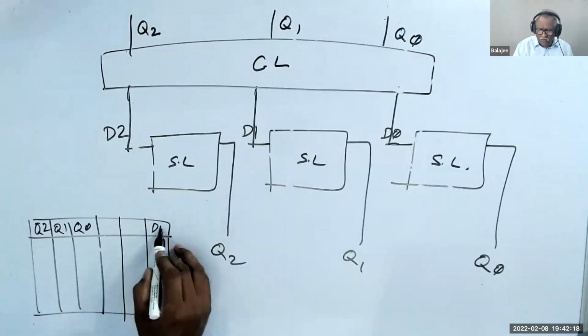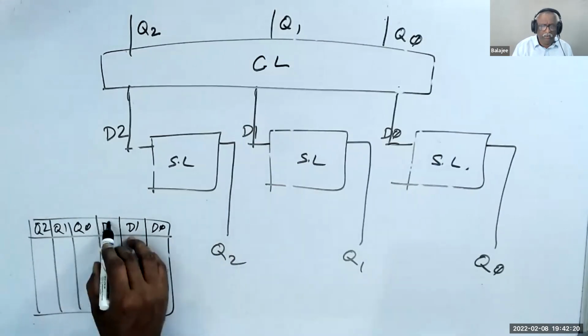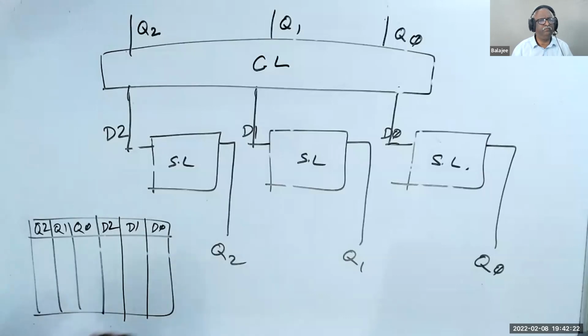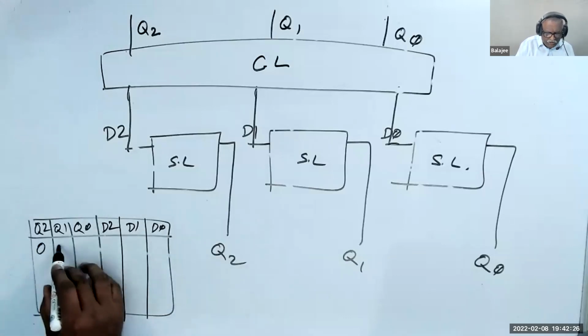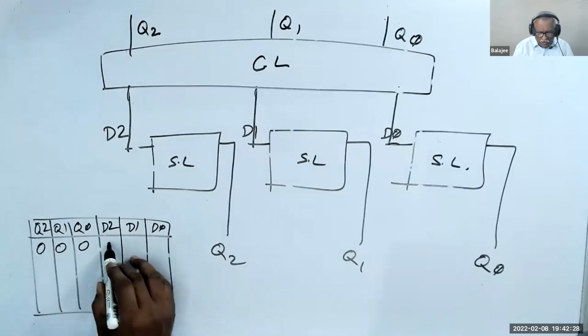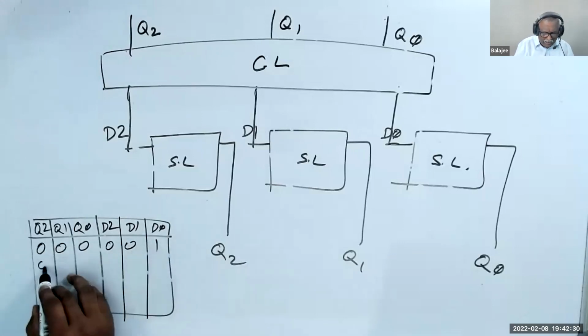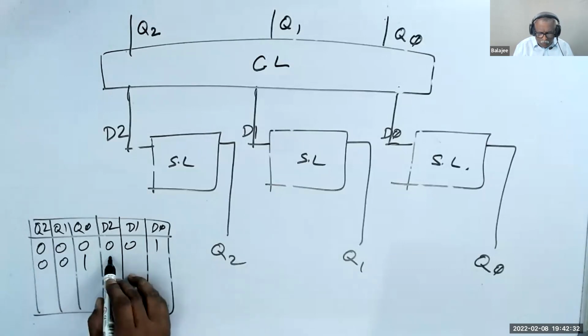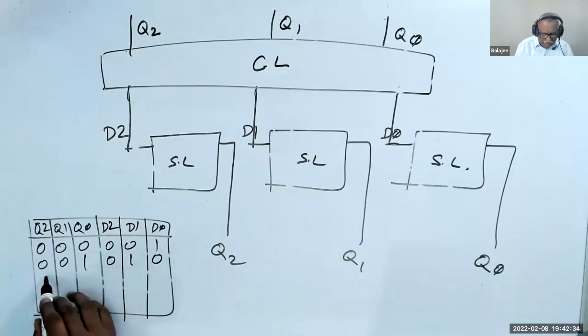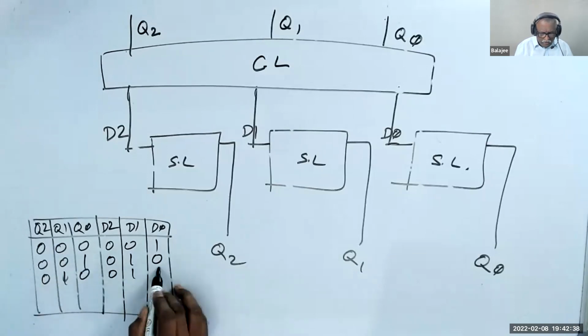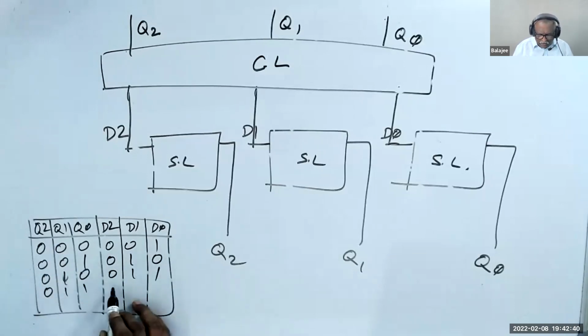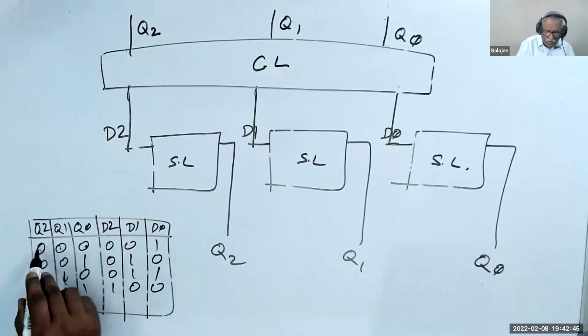D0, D1, D2. Is it clear? Now I'm going to draw like this. If the input is 0, 0, 0, the output becomes 0, 0, 1. The input is 0, 0, 1, the output is 0, 1, 0. The input 0, 1, 0 means it becomes 0, 1, 1. 0, 1, 1 means 1, 0, 0.